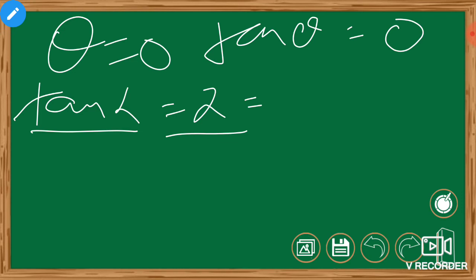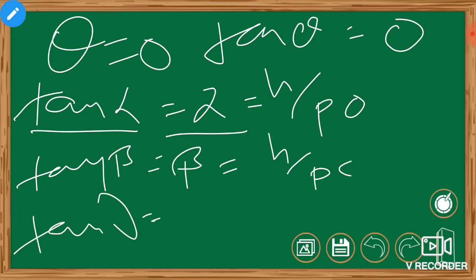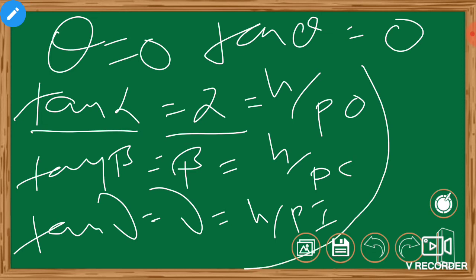So alpha equal to H by PO, tan beta becomes beta, and beta equal to H by PC, and tan gamma becomes gamma, that is equal to H by PI. Finally we got these values for alpha, beta, gamma. We finally concluded these values.